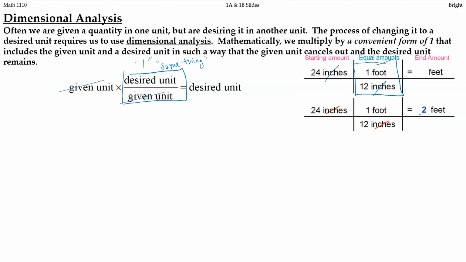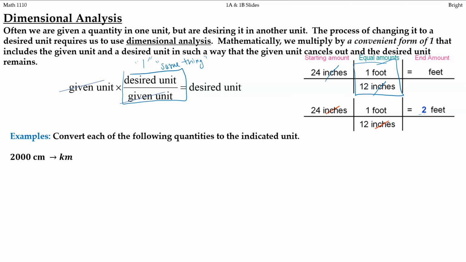This might take a little bit of getting used to expressing it in this form. You might just be used to doing it in your head and not showing the mathematics, but we like to see the work. So we're going to do 2 examples, and I'll leave them both on the screen here. I encourage you to pause the video, try them on your own, showing all the work, and then resume the video.